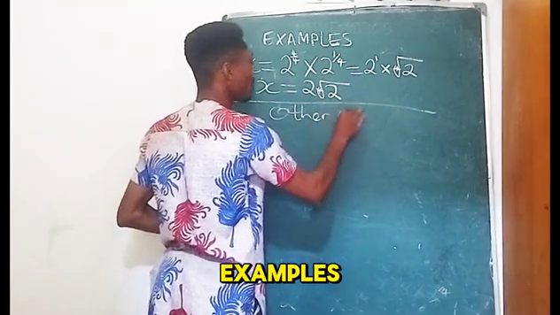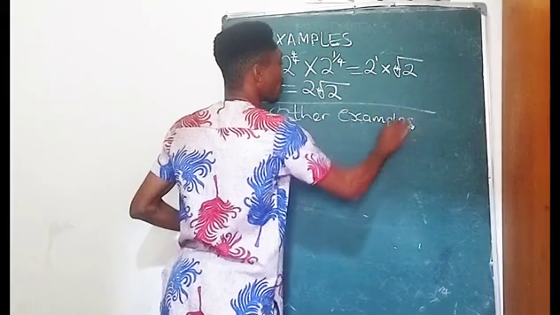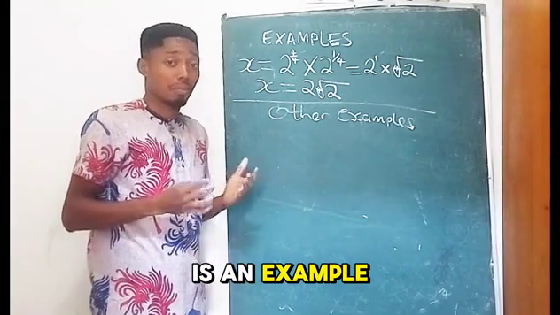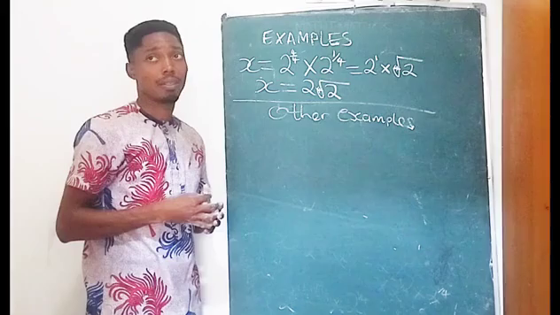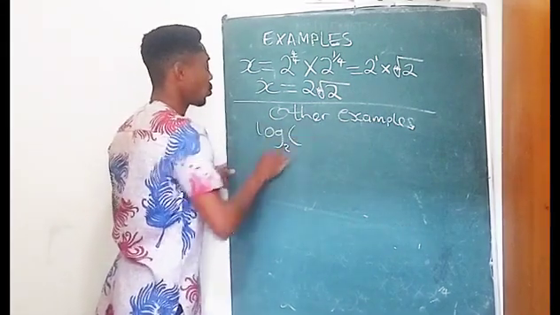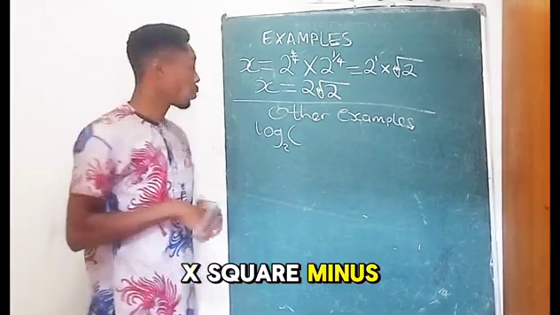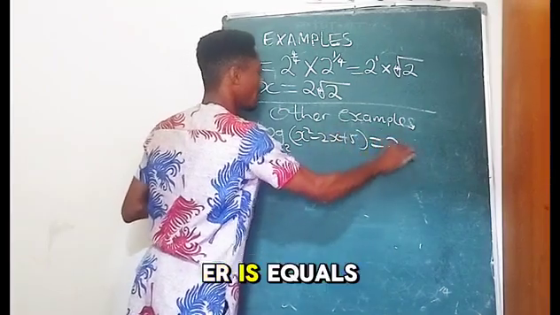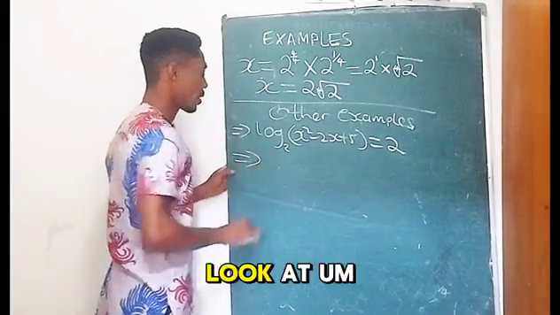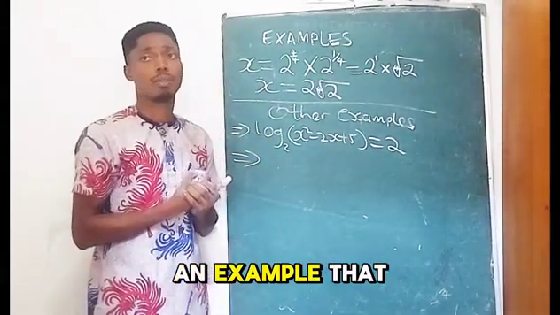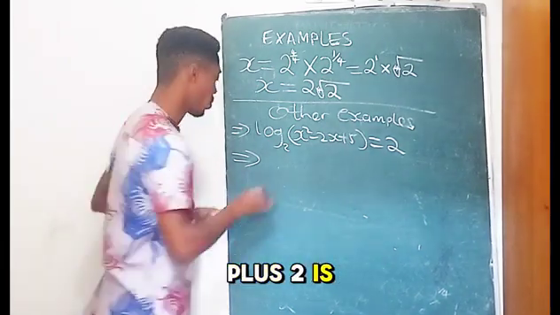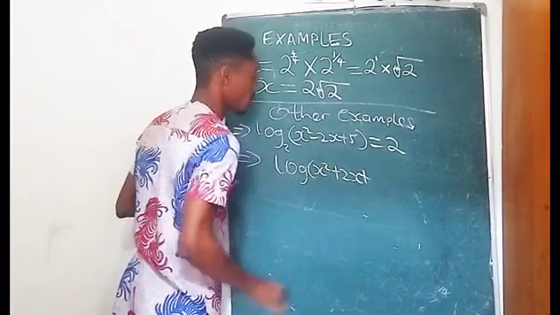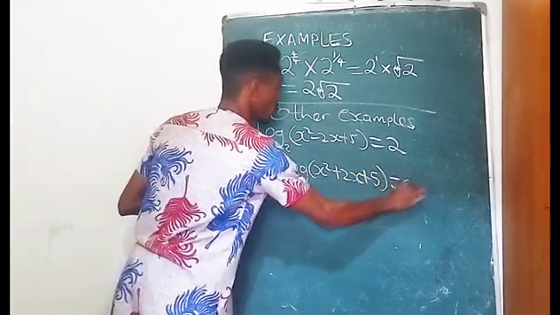So the other examples that we're going to be looking at are a bit more complex. We'll look at log base 2 of x squared minus 2x plus 5 equals 2. We'll also look at an example that has to do with log of x squared plus 2x plus 5 equals 0.